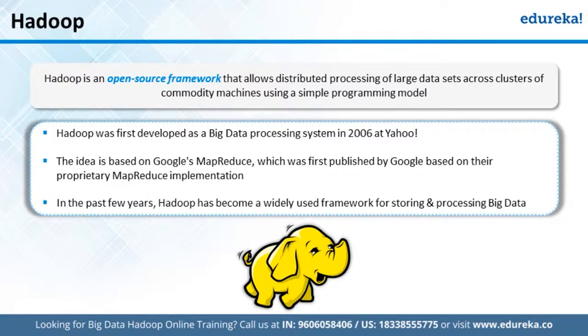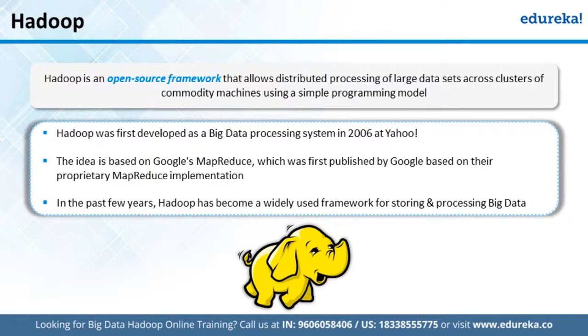Some companies have 4,500 servers in the cluster. That's what distributed means. Storage, obviously: when you have data, you need storage, and it needs to be distributed because it cannot be loaded onto a single computer. That's what distributed storage means.